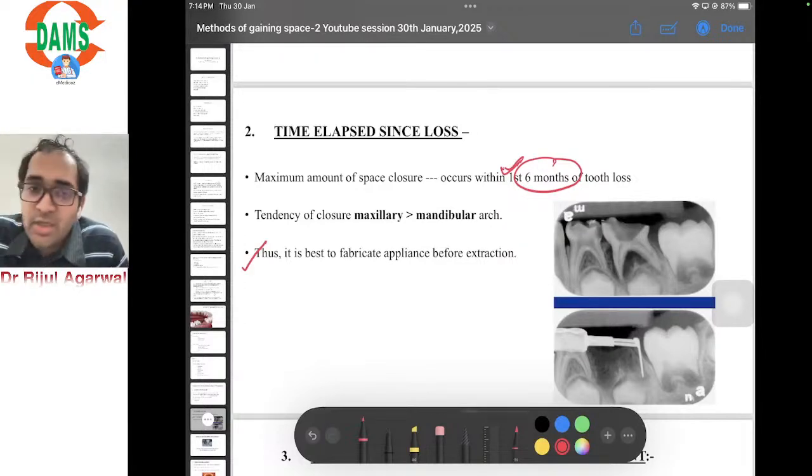Supposedly it's a planned extraction due to any periapical pathology or carious lesion. The appliance is fabricated before extraction, so that when the extraction is done, at the same appointment the appliance is placed. Otherwise, what will happen? Extraction is done, the patient does not report to your clinic or fails to report due to any problem. The reason for giving the appliance is lost.